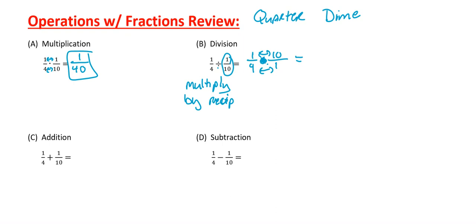Now, one thing I want to bring up is that you do have an option of reducing when it comes to multiplying fractions. Let's say I had something like 4 over 5 times 10 over 11. When it comes to multiplication only, you can't do it with division, you can reduce on this diagonal and make this a 1/2.